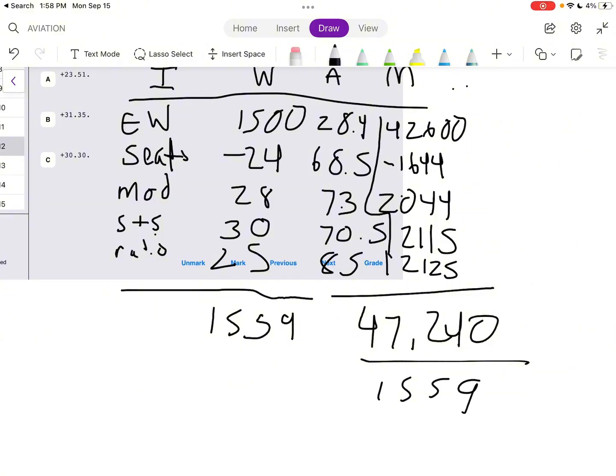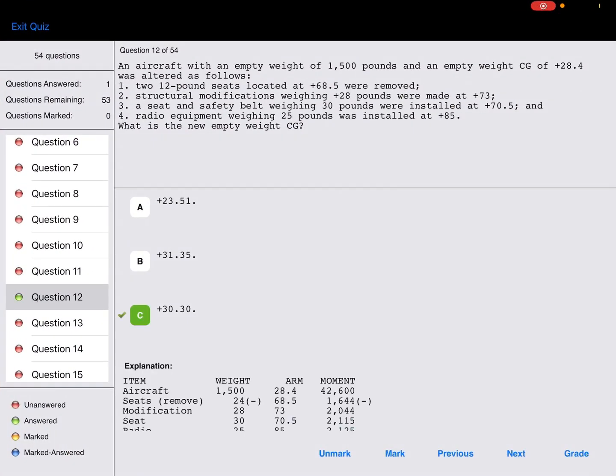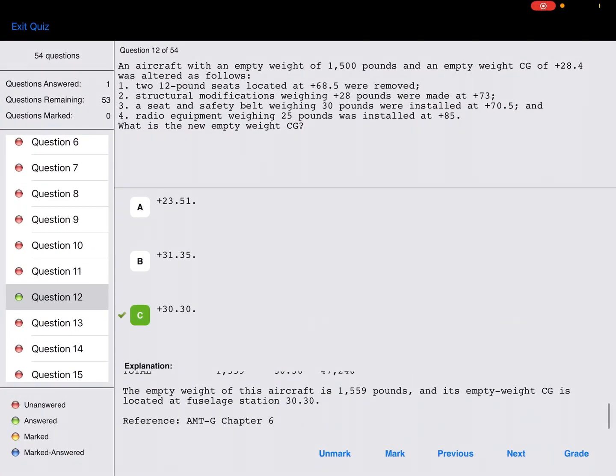So that is going to be 47,240 divided by 1,559, and your new CG is going to be 30.3, which is right here. And we will go back and see if that's correct, and it is.